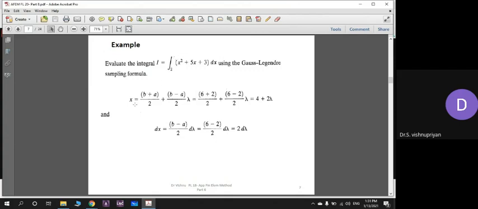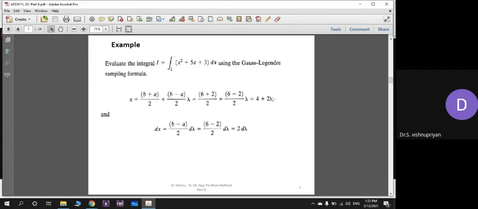Okay, so first step is to convert this x into lambda using this equation. In our case, b equals 6, the upper limit, a equals 2, the lower limit. Put these values here, you will get x equals 4 plus 2 lambda.